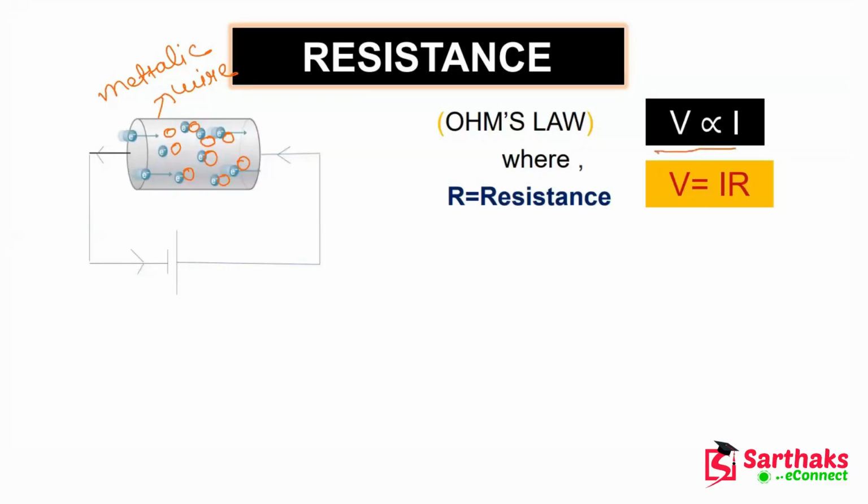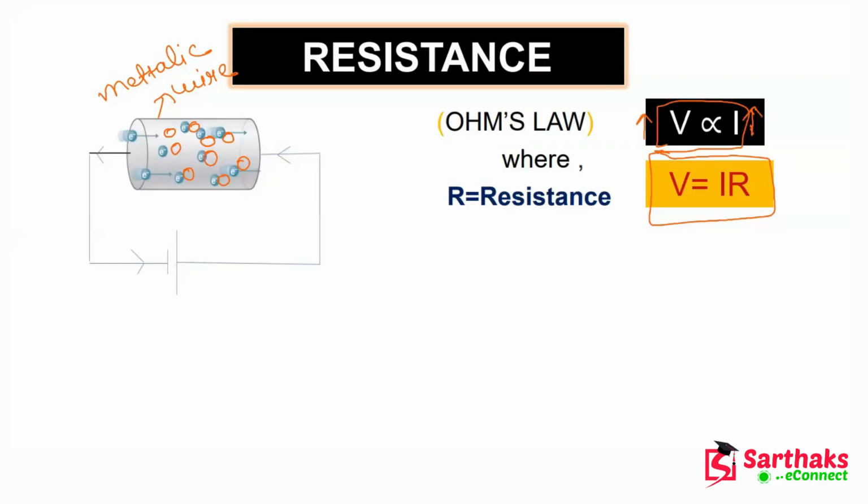Now here the same thing is written which we have also seen on the previous slide: potential difference and current are proportional, like current is dependent on the potential difference. The higher the potential difference, the higher the current flowing in the circuit.